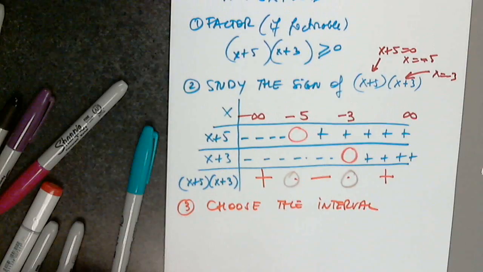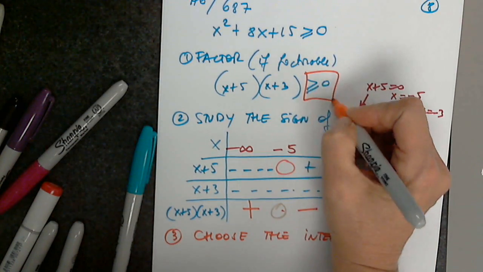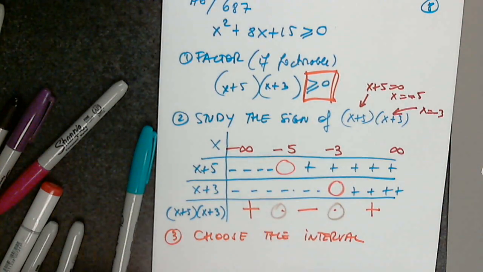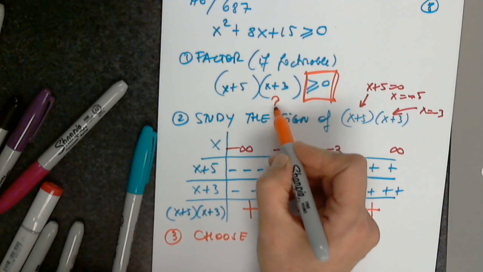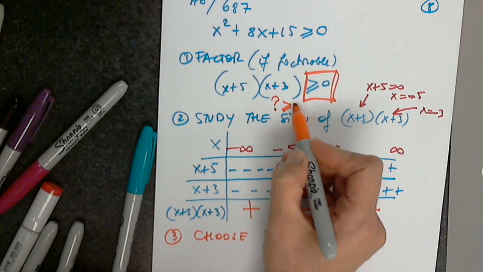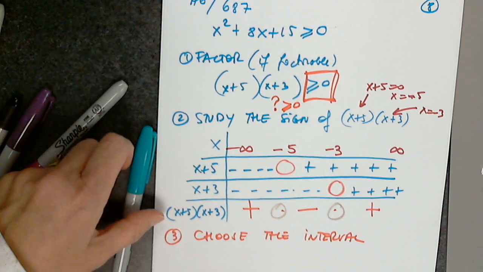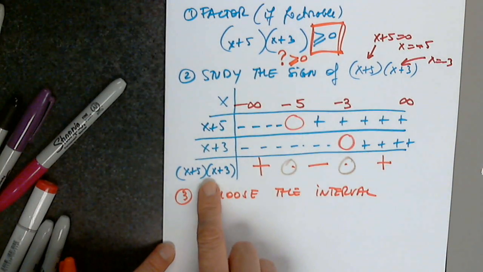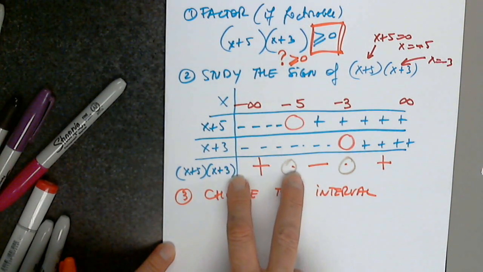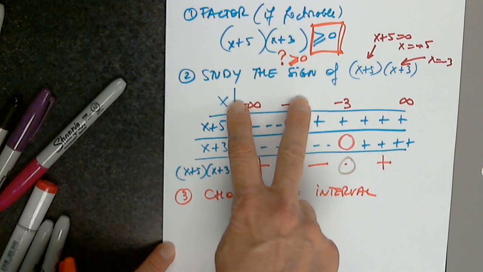I'm choosing the interval based on this. This tells me what to choose. So what sign is greater than or equal to 0? I only have 2 possible signs. Only one of them is greater than or equal to 0, right? So I see the product is positive when x is here.